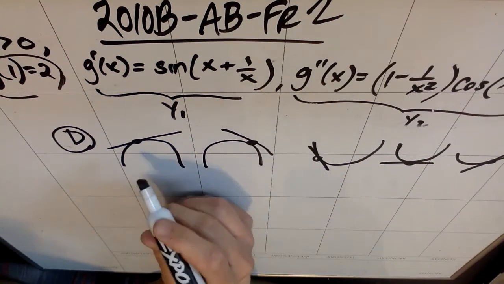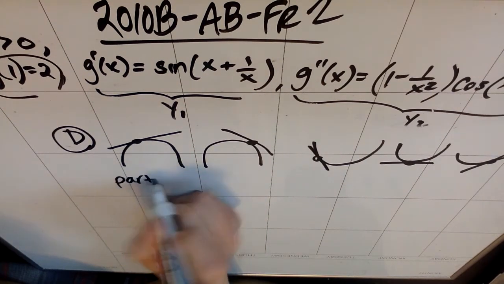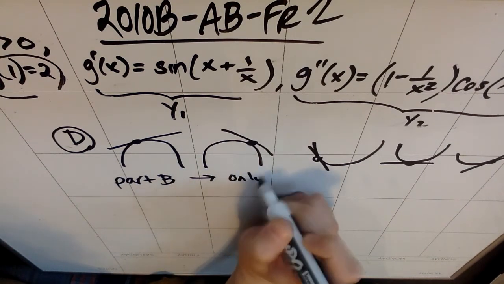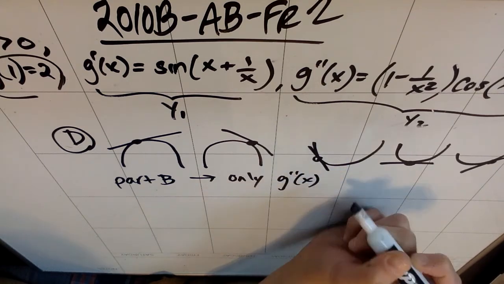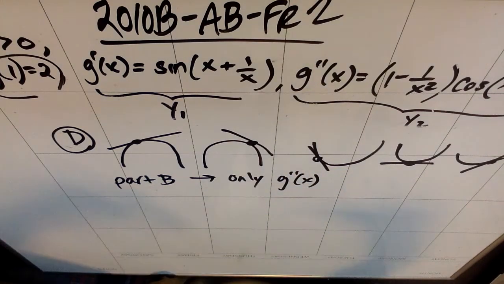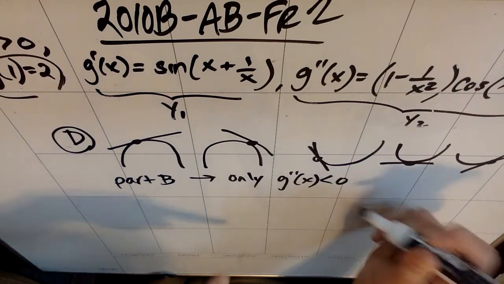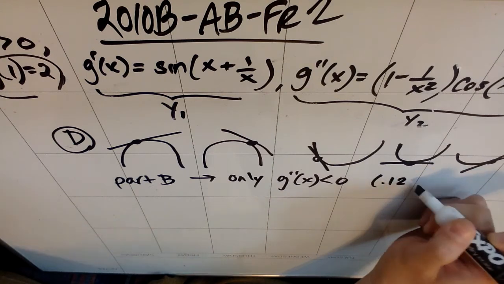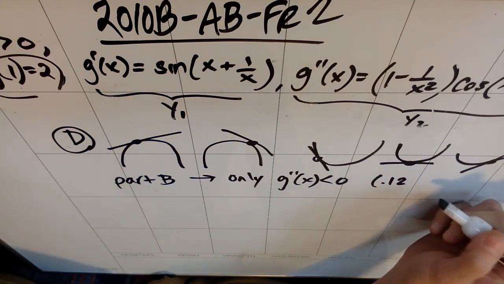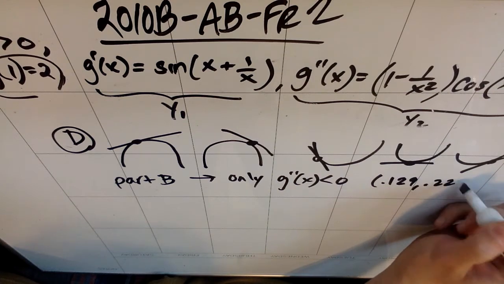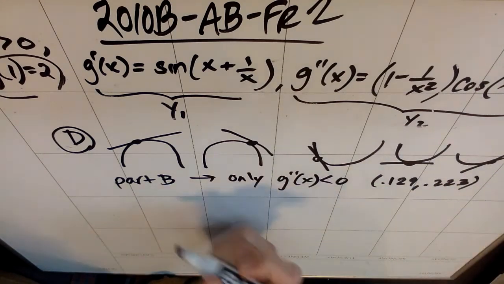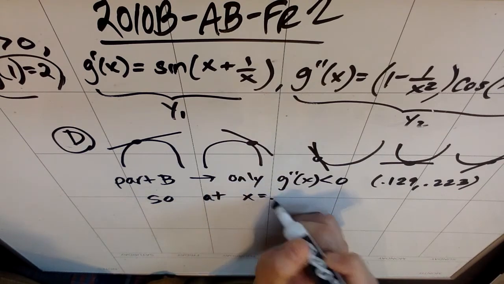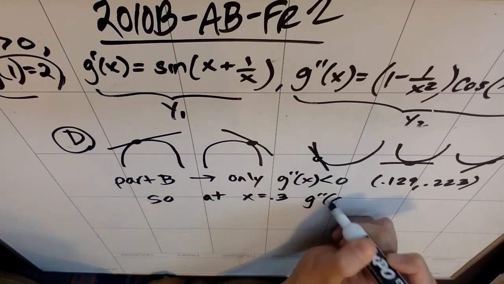So we've already established, if you look at part B, that the only time g double prime of x was negative in the window leading up to 1 was from about 0.129 to 0.223. So we know that at x equals 0.3, g double prime of x is greater than 0.